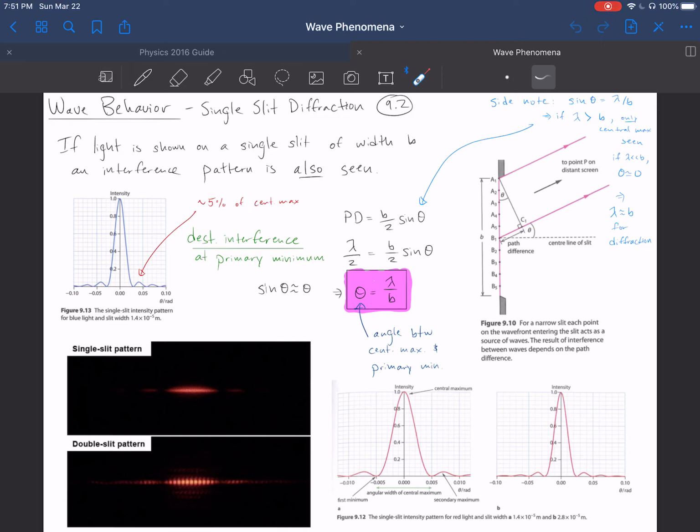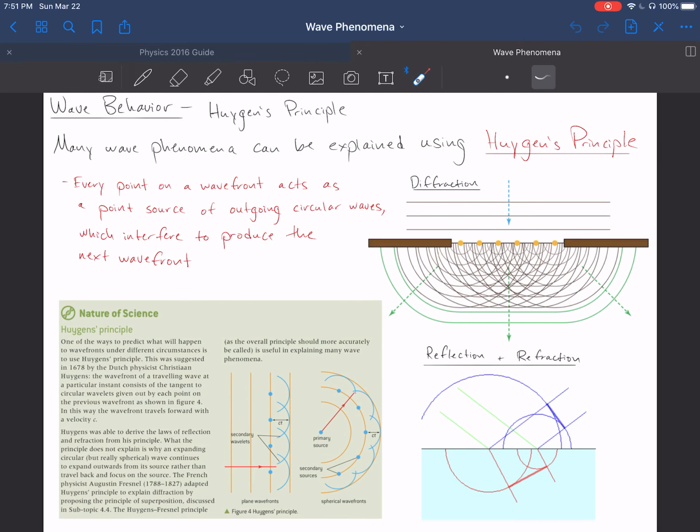To explain that, we need to back up just a little bit and remind ourselves of Huygens' principle. Huygens' principle stated that every point on a wavefront acted as a point source of outgoing circular waves, which interfere to produce the next wavefront.